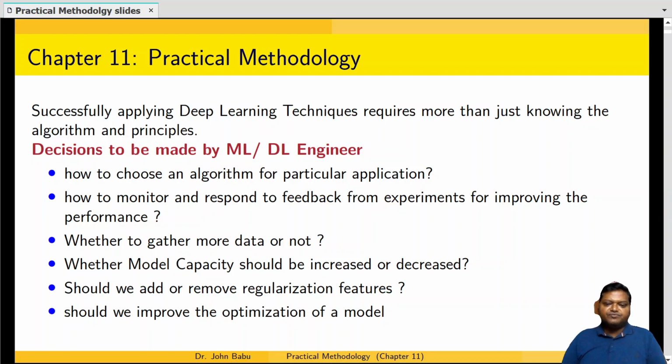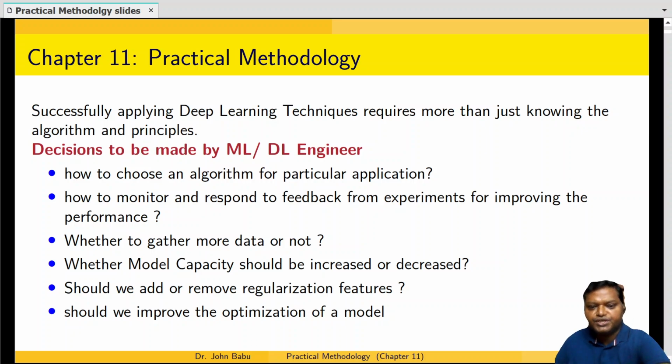Then in CNN, different architectures are there, Inception Net, Google Net. Among all these available, one important decision you have to take is how to choose an algorithm for a given particular application. Even when you are doing a project, this is the first decision that you will be taking.